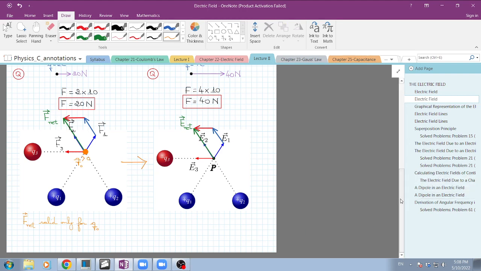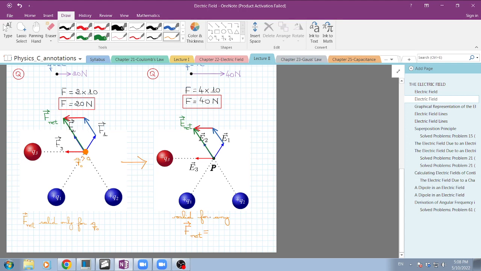The main point here is that this is valid for any arbitrary charge that you place there. All you have to do to calculate the net force is multiply.